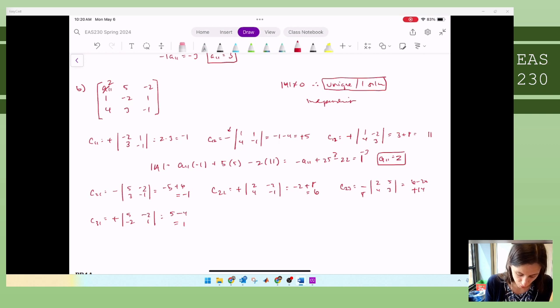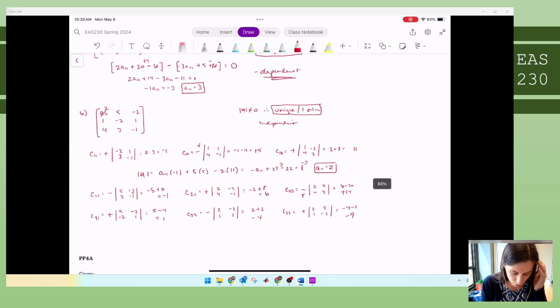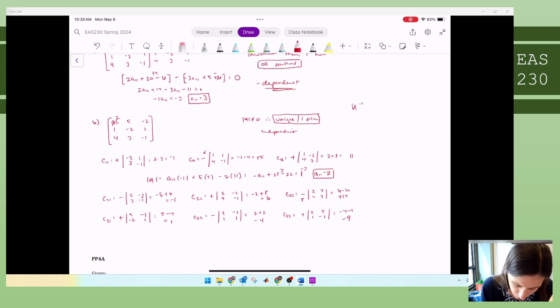Minus 4. There we go, equals 1. C32 is minus, 2 minus negative 2, there we go. This is 4, adjusted to negative. C33 is plus, 2, 1, 5, negative 2. Negative 4 minus 5 is negative 9. There we go. So there's all my cofactors, which means A inverse is going to equal 1 over 1.